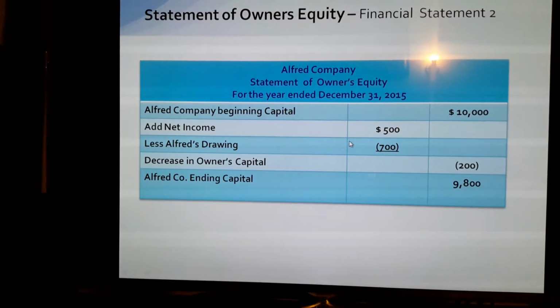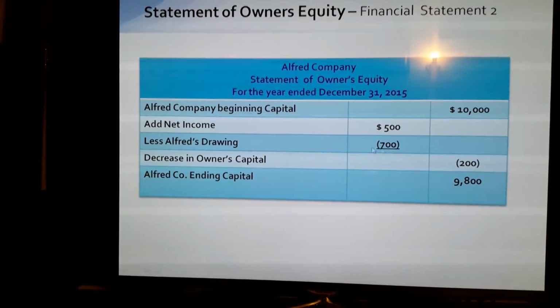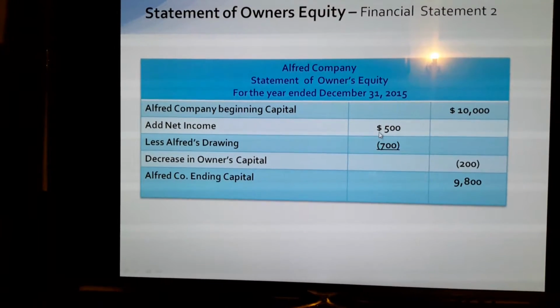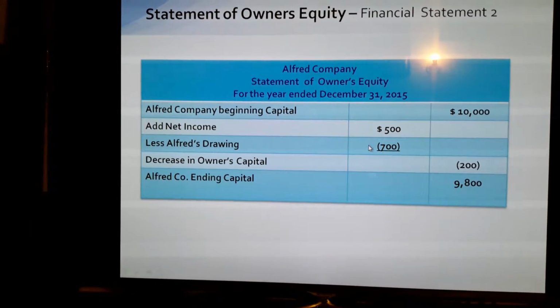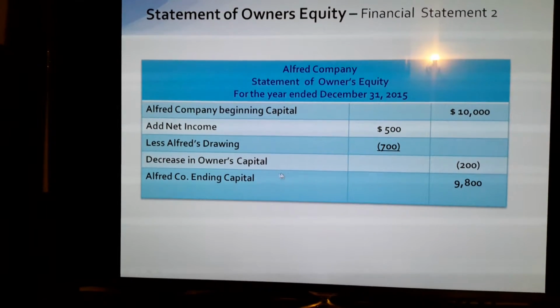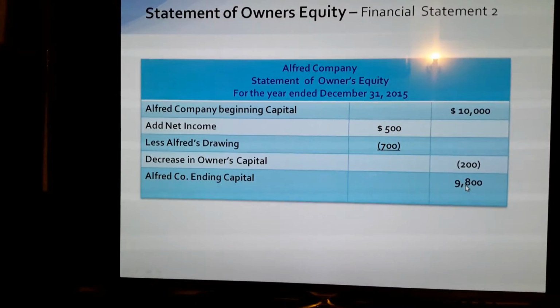Add net income 500, less drawings, which is 700. So there is a decrease in capital of 200, which resulted from a low income versus a very high drawing. So it leaves us with this. At the end of the year, our ending capital is 9,800.